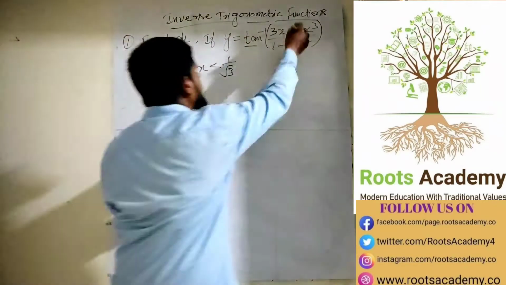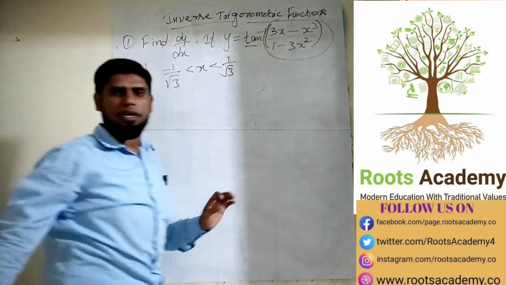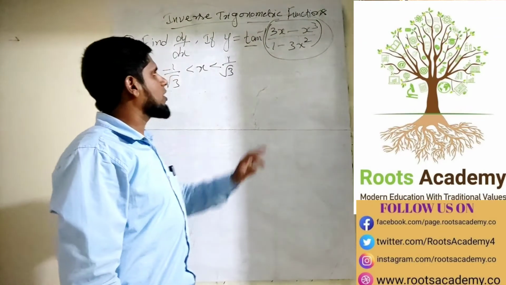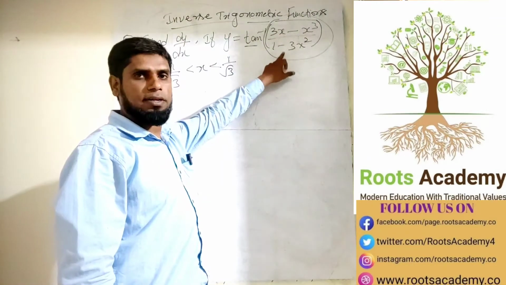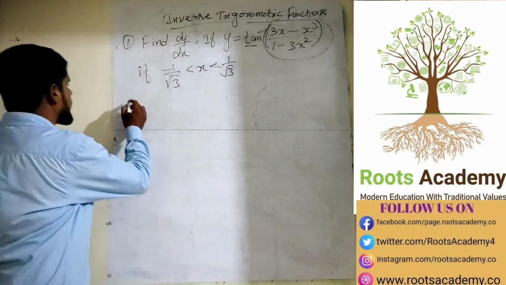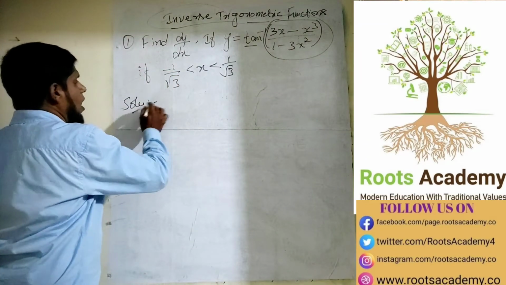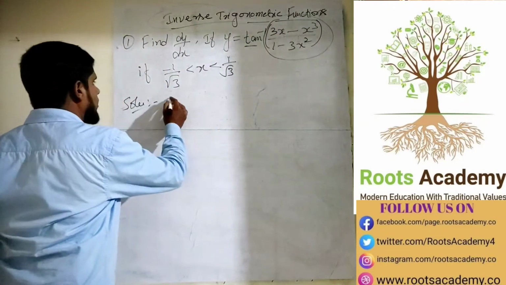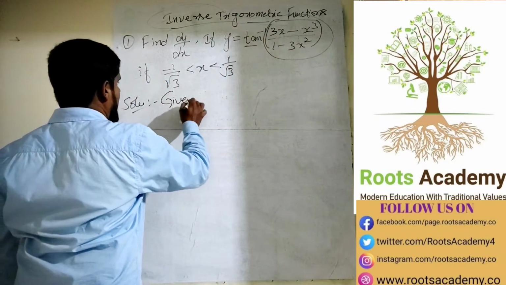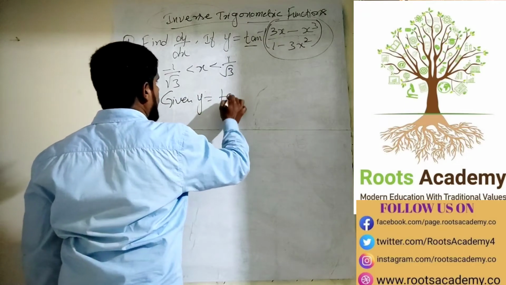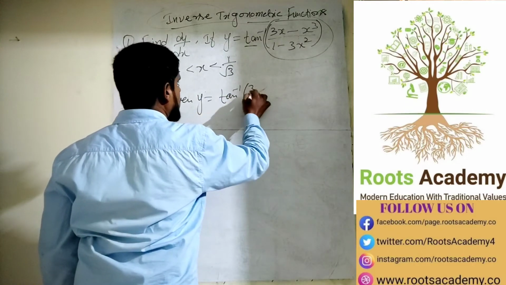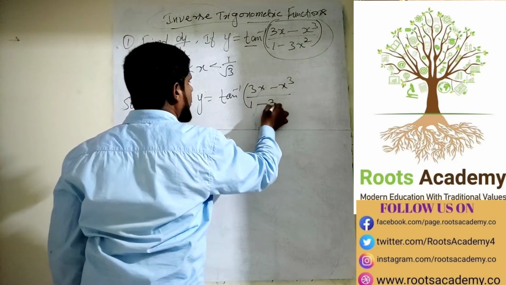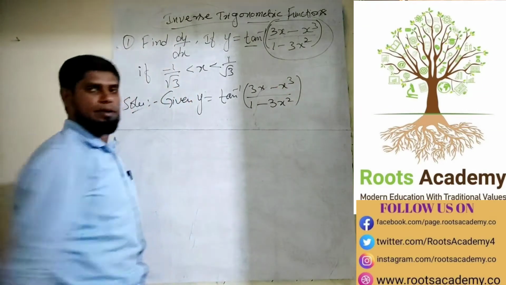To get this completely in terms of tan, I don't think there is a formula for part of it here, but tan exists. So I will put x as tan theta here. Given y equals tan inverse of (3x minus x cube) divided by (1 minus 3x square).